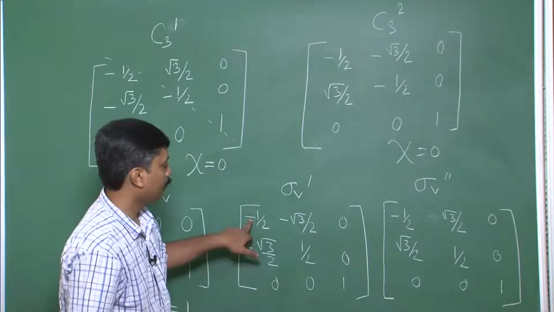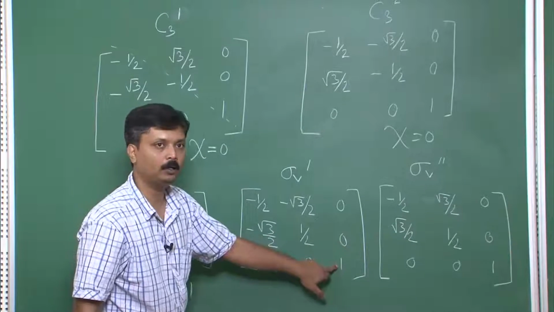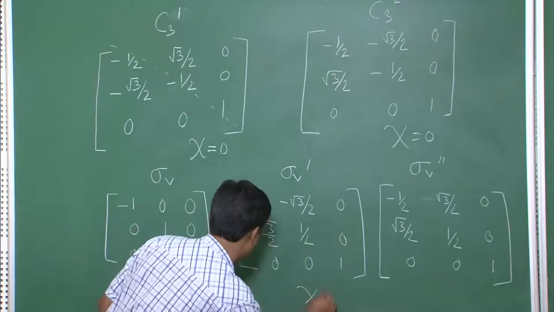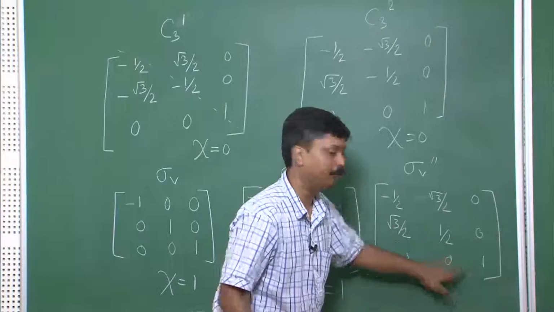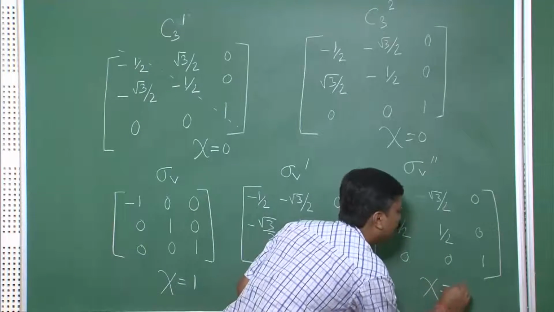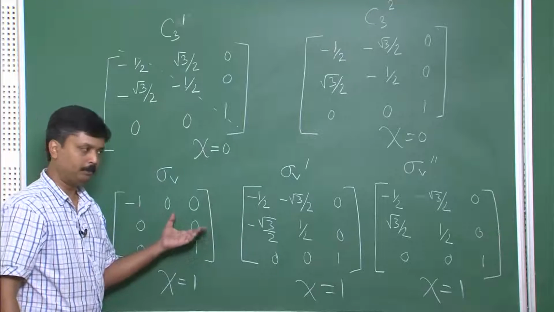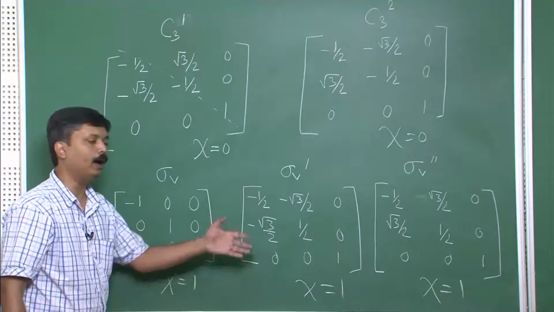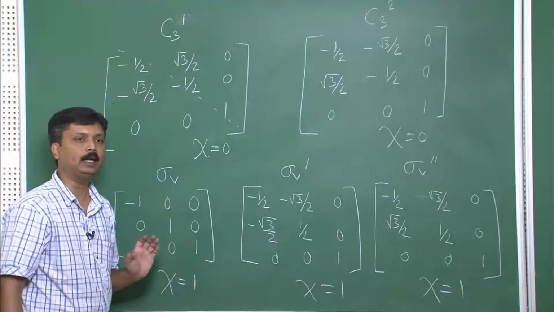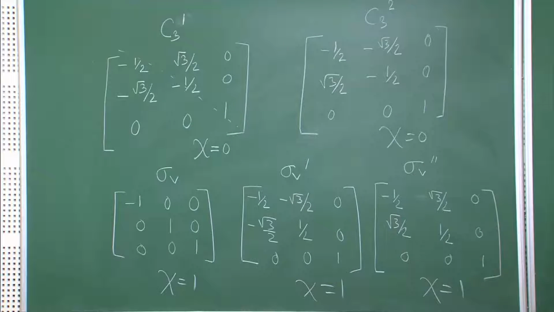Here minus half plus 1 half, the character is again 1. Here the same. So again we have proved that conjugate matrices, which represent conjugate symmetry operations, have identical characters. Therefore we can see the importance of the character.